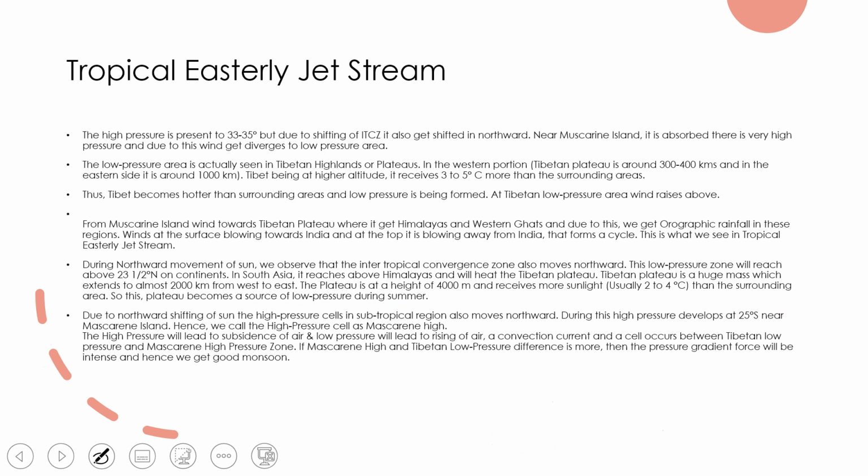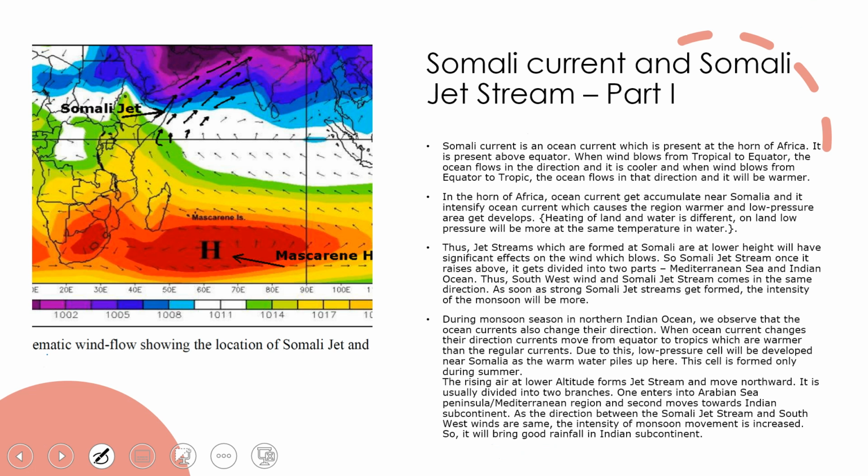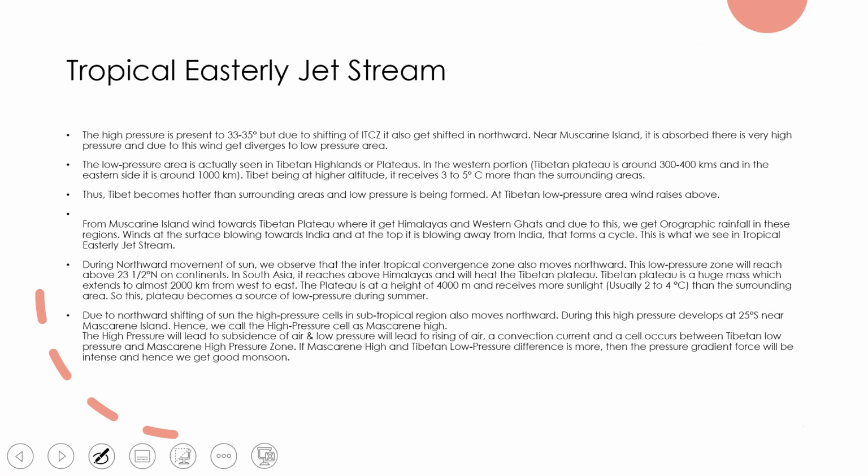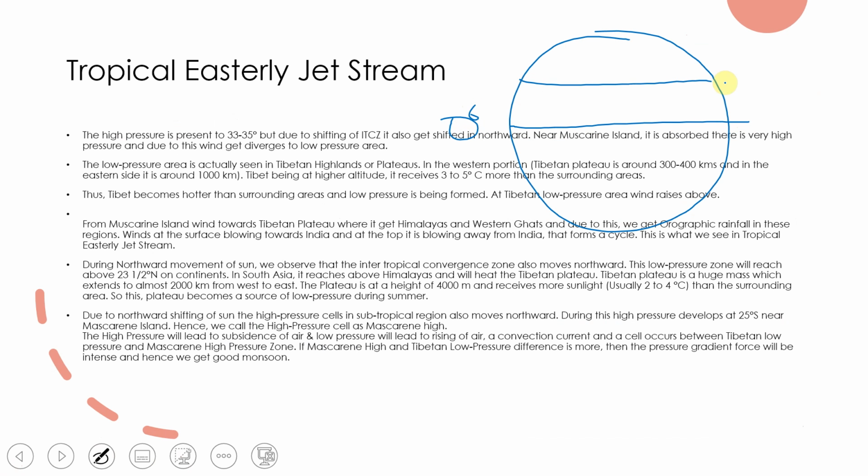So what is this line trying to explain? This line tries to explain that, as we have said, the shifting of the earth happens. Let me draw again. This is your globe, this is your 0 degree, this is your 30, this is your 60, and this is your 90.